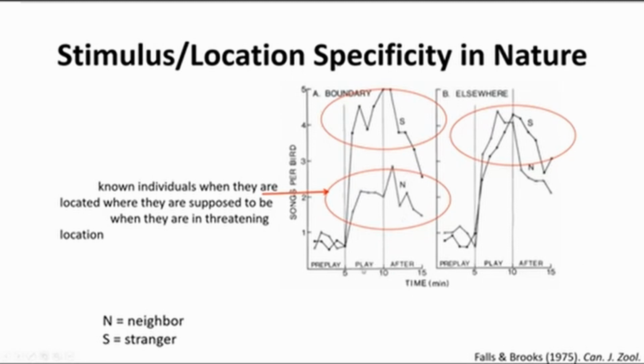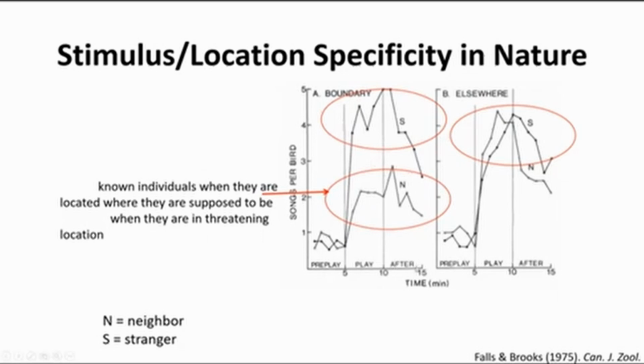This is when they would initiate playback. They would get out their tape recorders and hit play and play either a vocalization of a neighboring bird, that's what the N stands for here, or S for a stranger. During that period, they play one of those two types of songs.